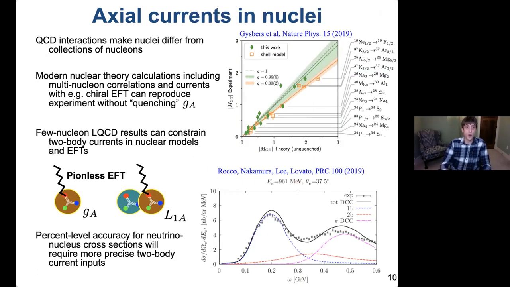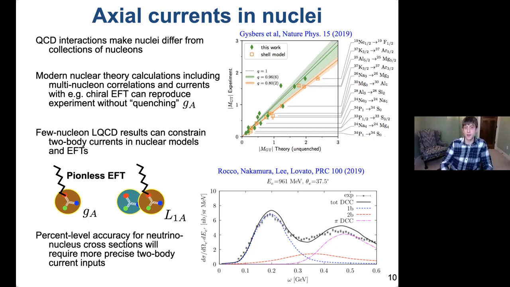Okay, and with that, I'll move on from form factors, because of course a nucleus is not just a collection of nucleons, and it's been known for quite some time that there's modifications of the axial response of a nucleon within a nucleus. So the modern view of this within effective theory is that you need to include multi-nucleon correlations in your nuclear state and multi-nucleon currents in order to reproduce experimental results for things like beta decay rates of medium mass nuclei.